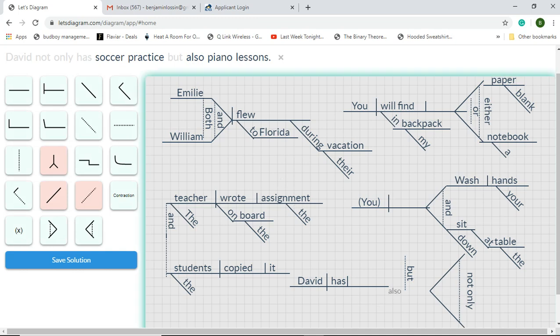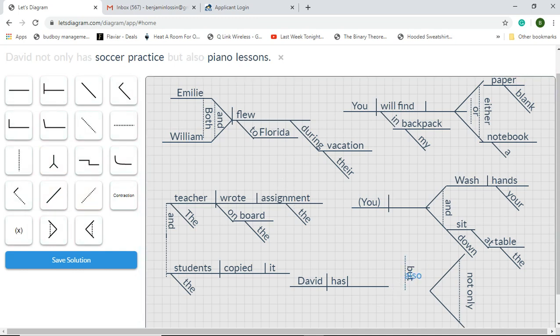But also, so I'm going to move this over here and I'll show you where it goes. So, not only, it's going to be on this inside part. It should look like that. There should only be one line, but I can't do it without using two. So these are your correlative conjunctions, but also not only, okay?